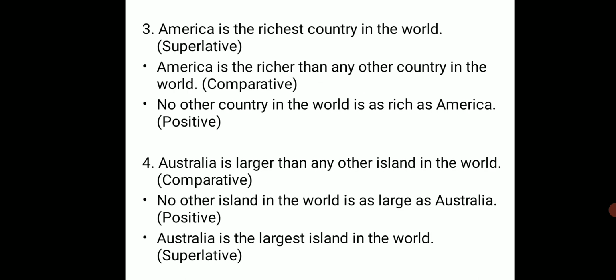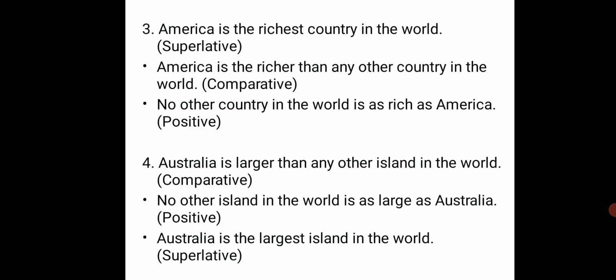Okay, consider the third one. It's in superlative degree. Now we are going vice versa. America is the richest country in the world. Now to make it comparative, the richest, look at its other forms: rich, richer, richest.